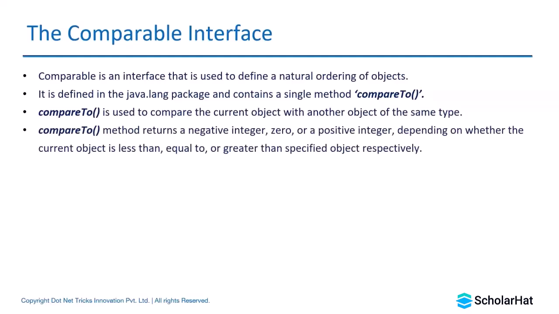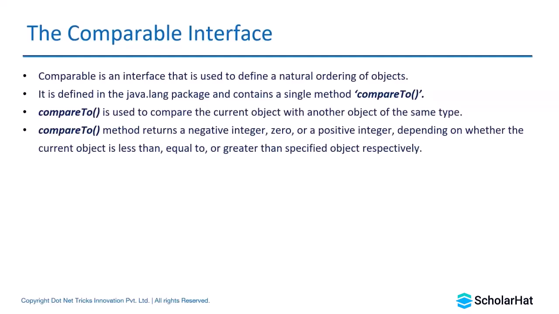The compareTo method returns a negative integer, 0, or a positive integer depending upon whether the current object is less than, equal to, or greater than the specified object, respectively. It also matters to which particular attribute inside that object you give priority for the sorting, for example sort by name or sort by email.